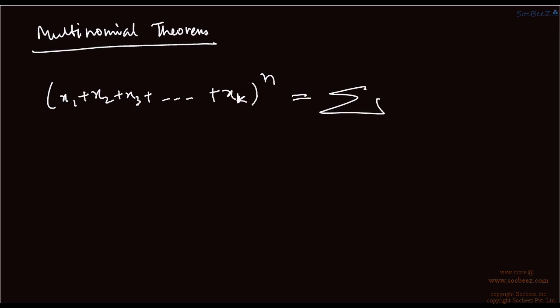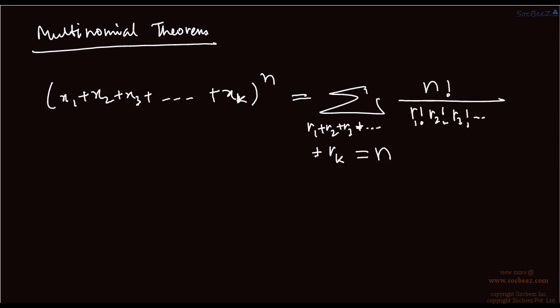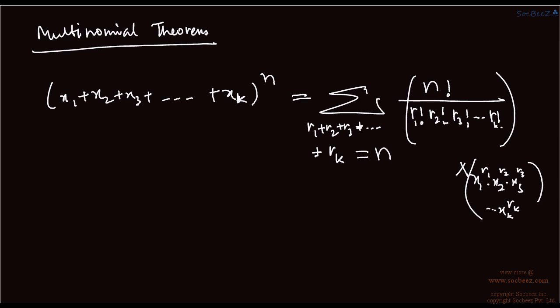This will be the summation over r1 plus r2 plus r3 plus up to rk equals n, of n factorial upon r1 factorial into r2 factorial into r3 factorial up to rk factorial, into x1 to the power r1, then x2 to the power r2, then x3 to the power r3, up to xk to the power rk. This is the multinomial theorem.